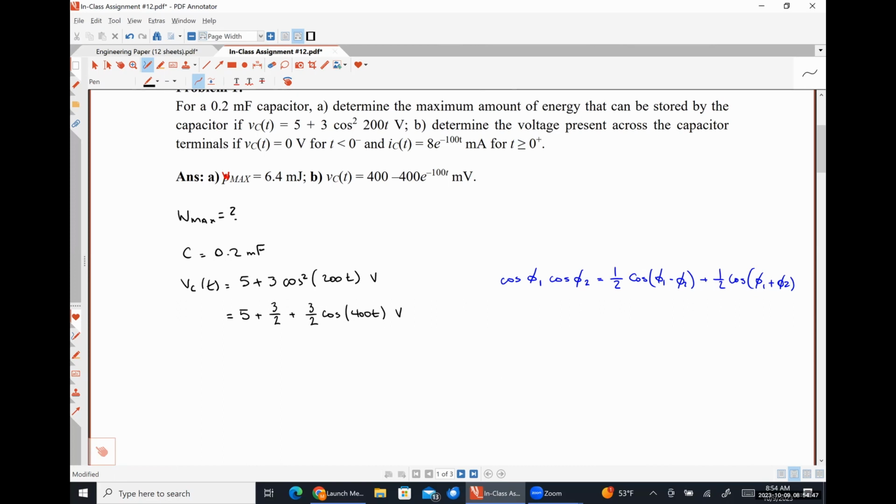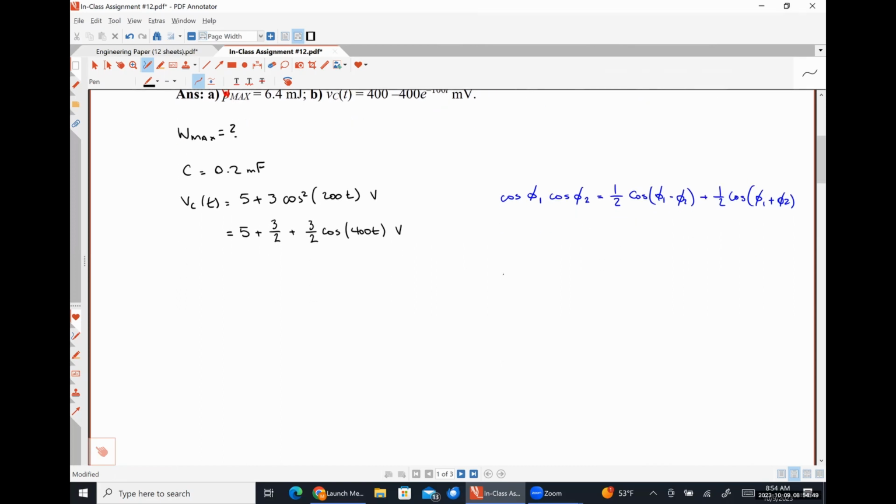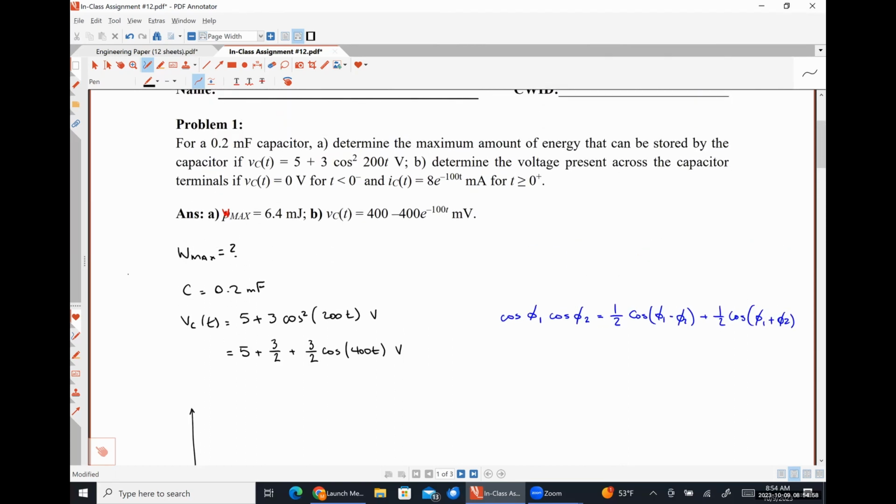Now, what I'm going to do here is plot this voltage waveform, because instead of going through the motions here, let me scroll up. We are asked to determine the maximum amount of energy, and you guys to this point have been conditioned to say that whenever you want the maximum value of a function, you should take the derivative of that function, set it equal to 0 to find the time at which the maximum occurs, plug that value of time into the equation, and then go from there.